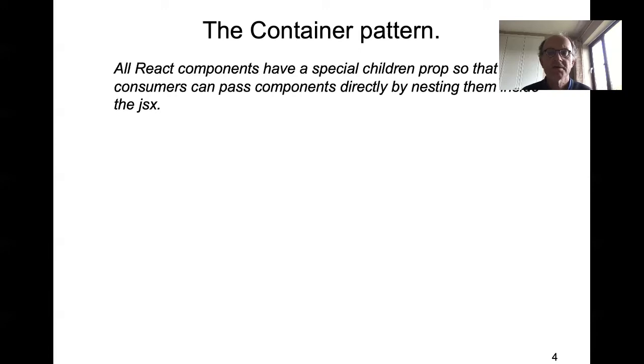But where this children prop comes in is where A can actually pass to component B some JSX that it wants B to render. So it's providing B with some of its UI description.